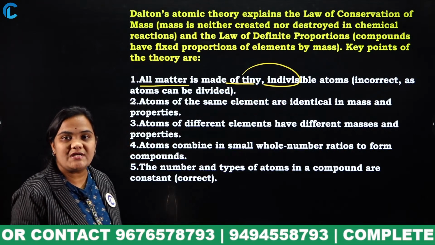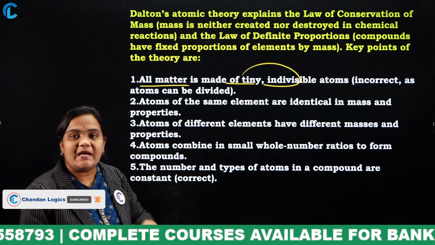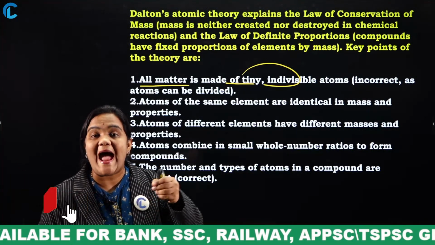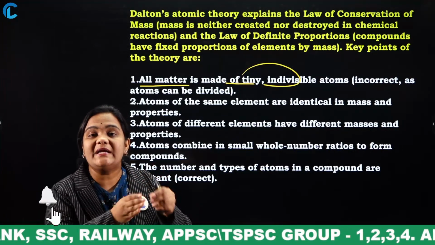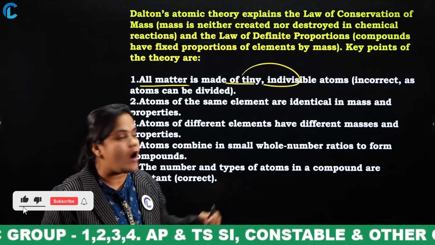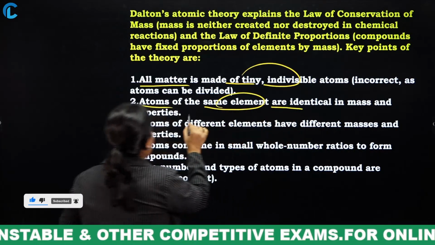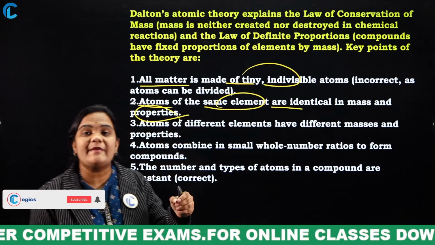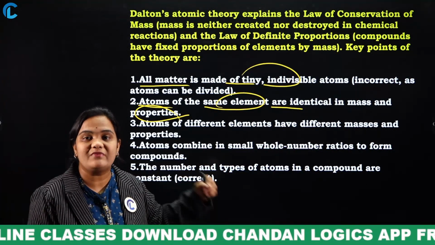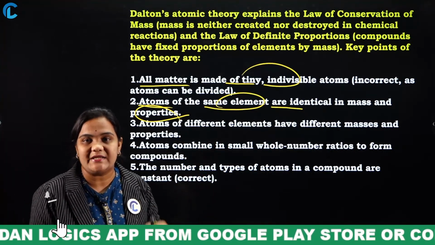Around us we have matter, and that matter consists of atoms. Atoms cannot be divided, but if they combine we can get a compound. Atoms of the same element are identical in mass and properties, and atoms of different elements have different mass and properties. These are some of the postulates of Dalton's atomic theory.